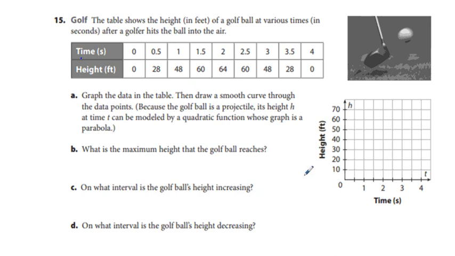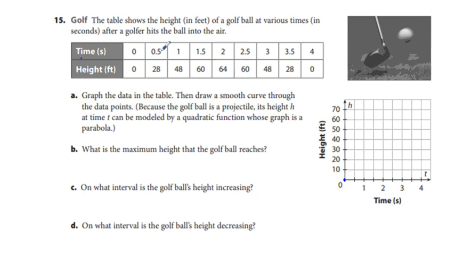So let's plot the data in the table and then draw a smooth curve through the data points. Here it says quadratic function, so you'll probably see a downward opening parabola, I would guess. First point, at time 0, we have height 0.